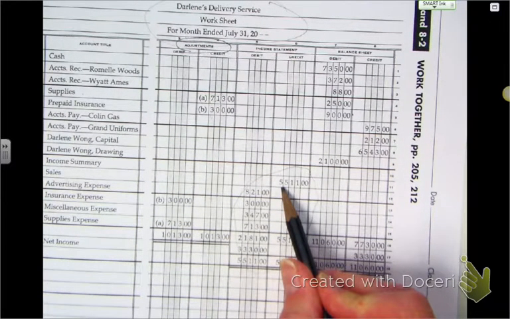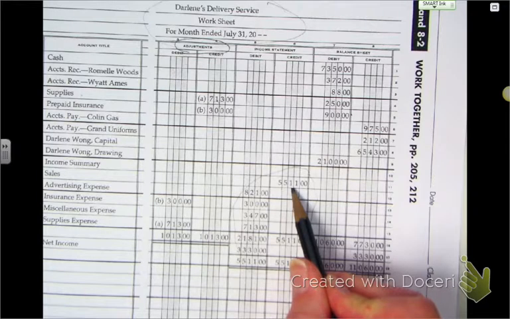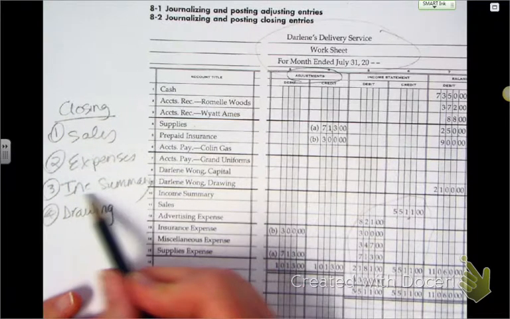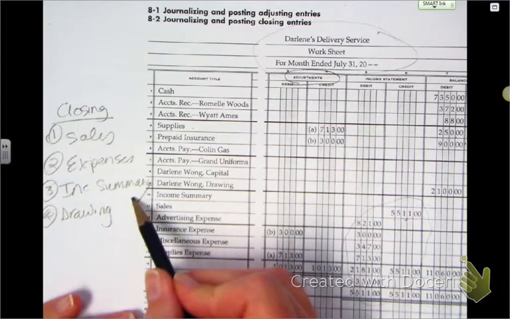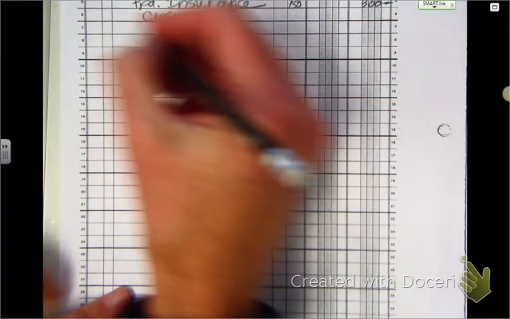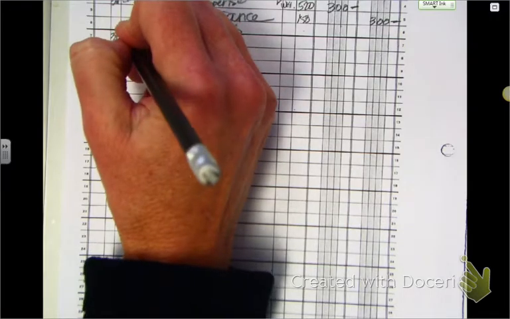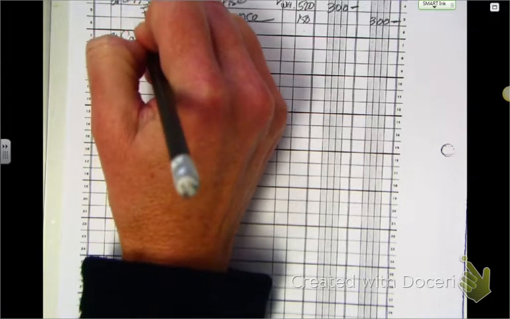I'm going to close them out. So their normal balance is credit. So to close them out, I'm going to have to debit them, right? So what am I going to debit them to? I'm going to take this and I'm going to close them into my income summary. So my first closing entry on the 31st, I'm going to close my sales by debiting it.